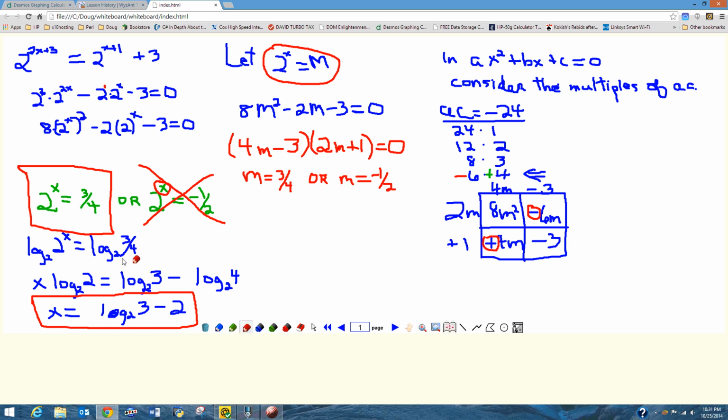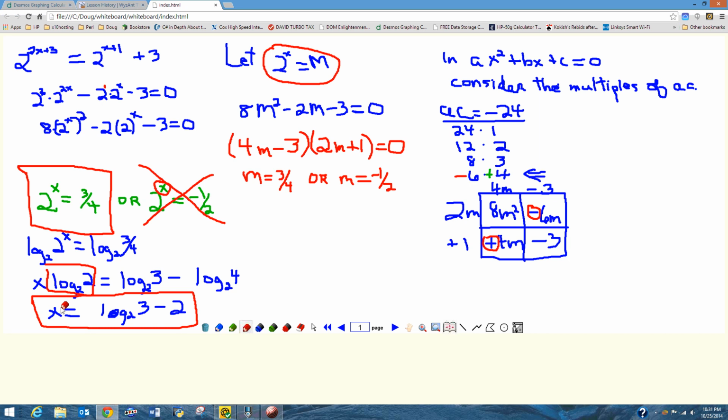And over here, I'm going to use the log of a quotient as the difference of the logs. So this can be rewritten as log 3 base 2 minus log 4 base 2. Finally, the log of 2 base 2 is just 1, because 2 to the first produces 2.